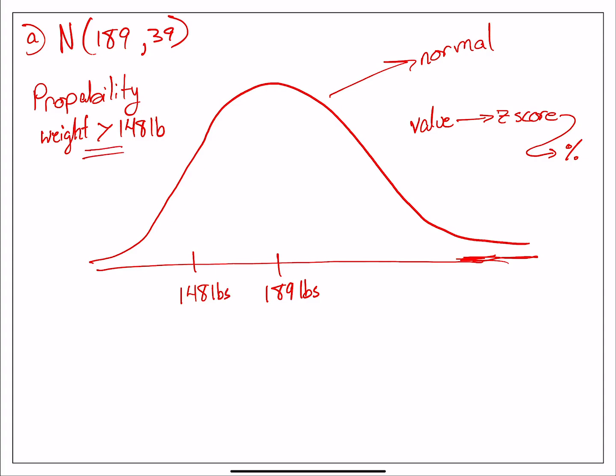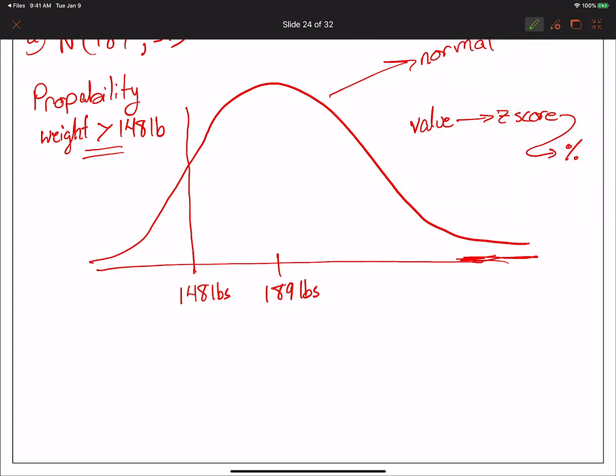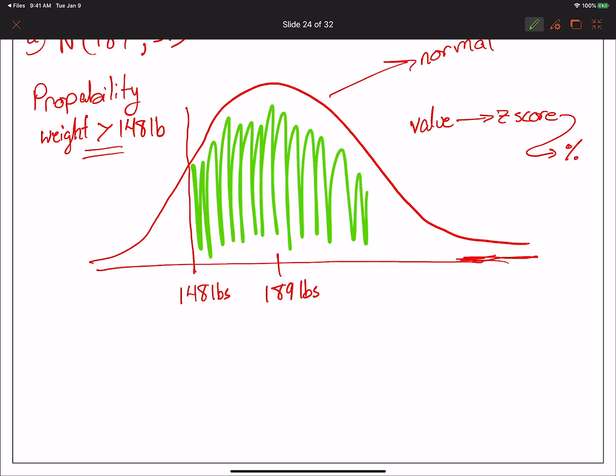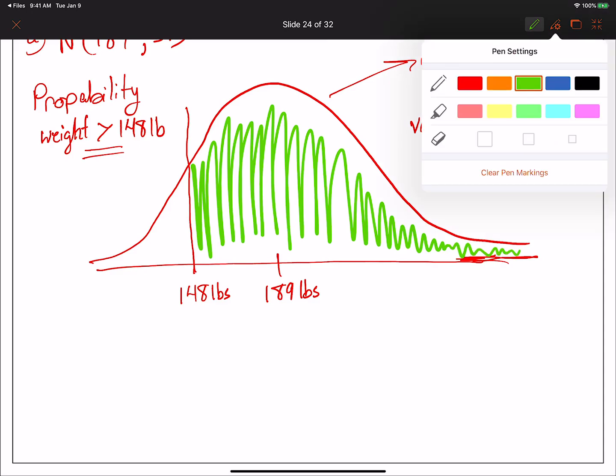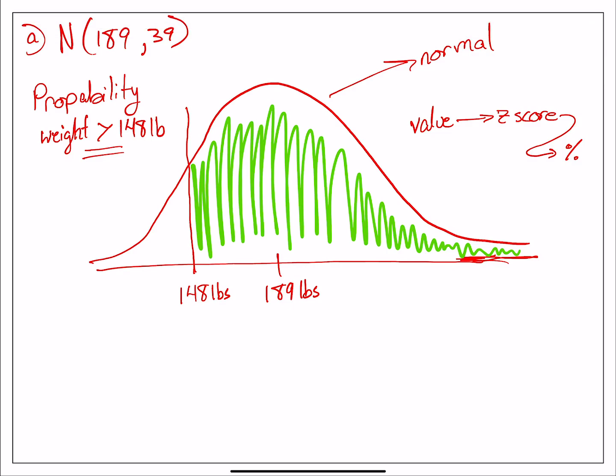Greater than, so let's draw a line up. And which side is it that we care about? Well, we're doing greater than 148 pounds. So which side is it that we care about? This side over here, right? This is the side that we care about, since we're dealing with greater than 148 pounds. So what do we need to do?